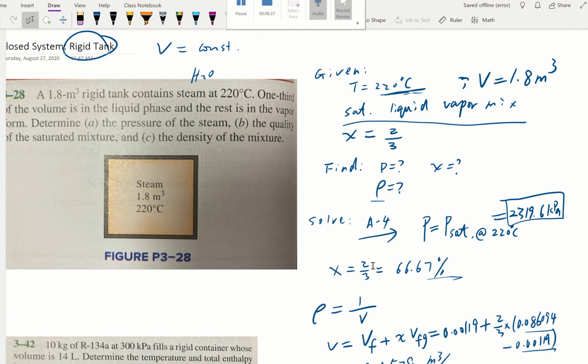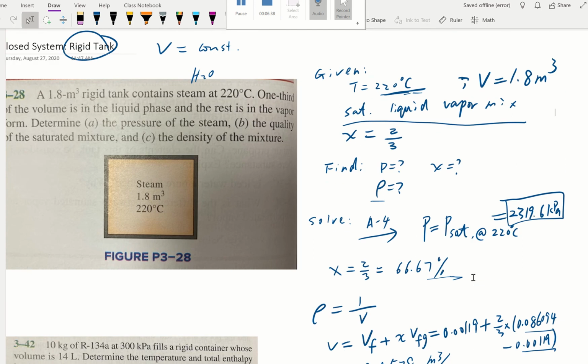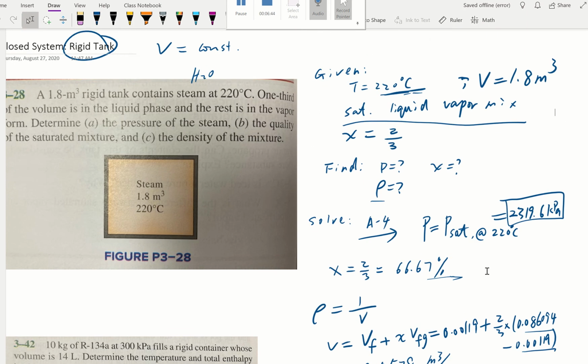It's a noise maker, because I don't need it to find the pressure, the specific volume, or therefore the density. However, if they ask what the total mass is, then you need to use it. All right, so that's all I have for this problem.